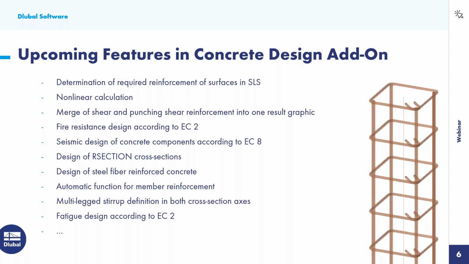And in context to the Eurocode 8 design checks, we will also have multi-legged stirrups, not just in Z direction, but also in the Y direction, so in both cross-section axes, and fatigue design according to Eurocode 2 is also in development. Like I said before, it's just a random list, so the list of these features is not in context to any release dates.